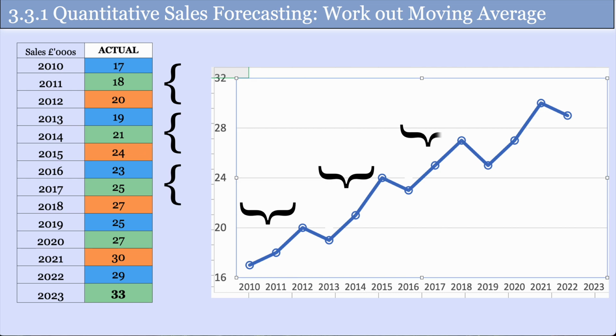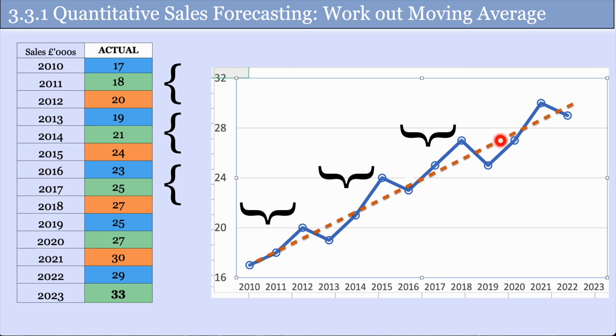And then you've got a third cycle, and on you go. So these here, 2010, 11, 12, then it drops off a bit, goes up, drops off, goes up, drops off, goes up. And it's this that we're trying to forecast, what's happening after 2023.